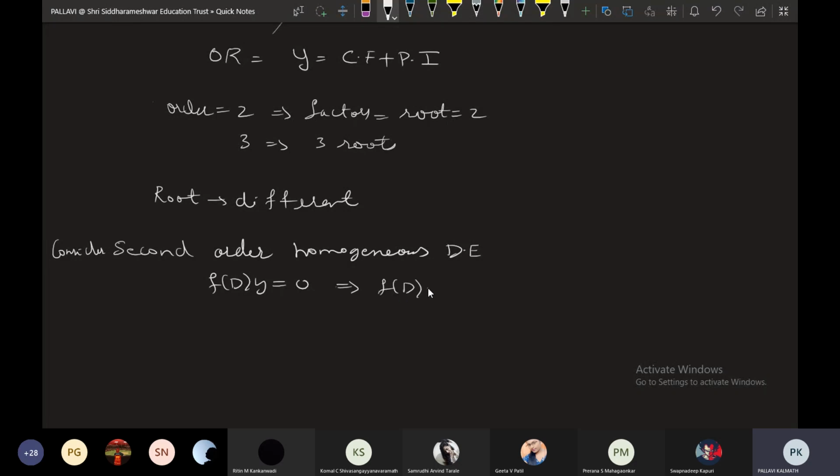What is f of D? Previously we wrote, no, it is D square plus a1 D plus a2.